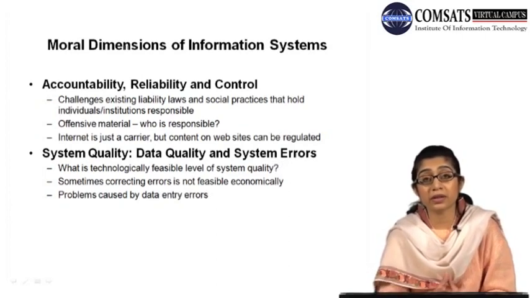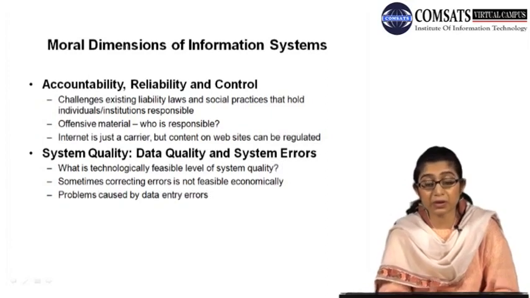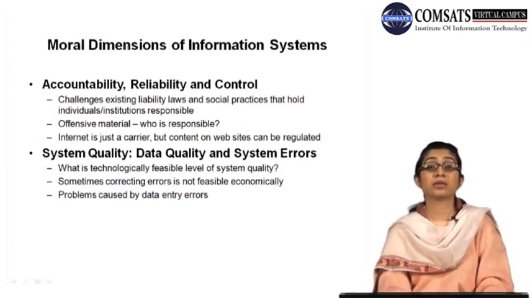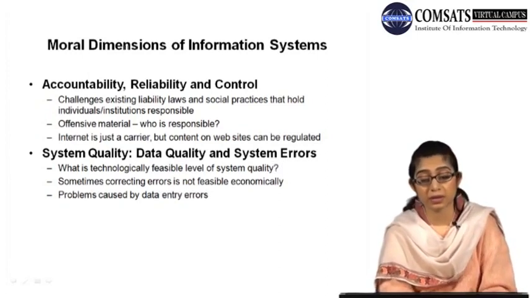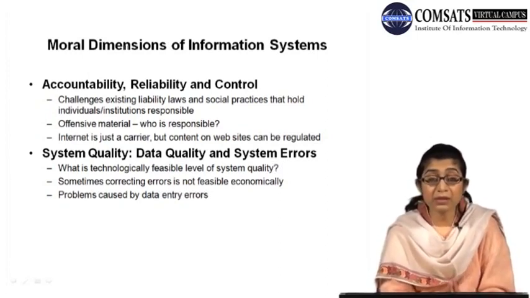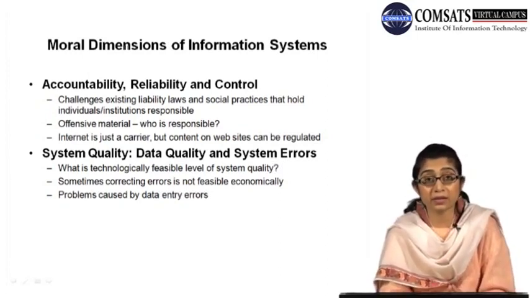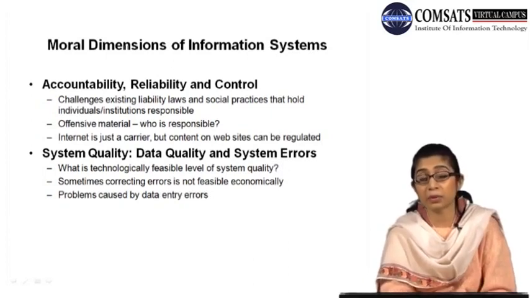Either all kinds of errors are resolved in the system testing, when the testing is going on, or not. Or at what point are the system analysts going to say that it's not feasible to do the testing anymore? Because sometimes there are certain errors which are probably not feasible to solve, and it's not feasible economically to do that testing at that point.